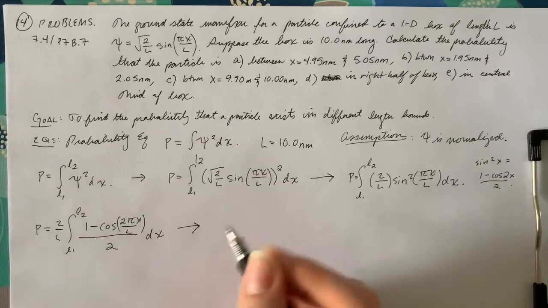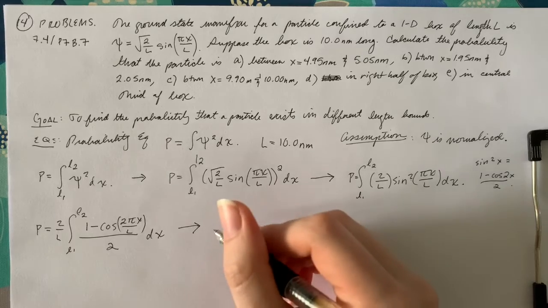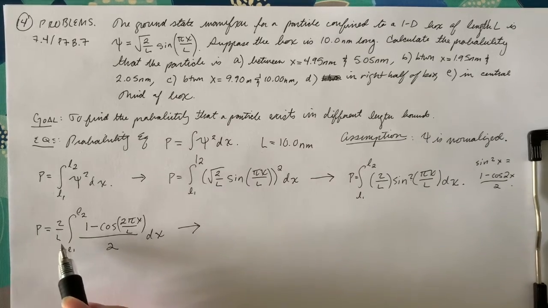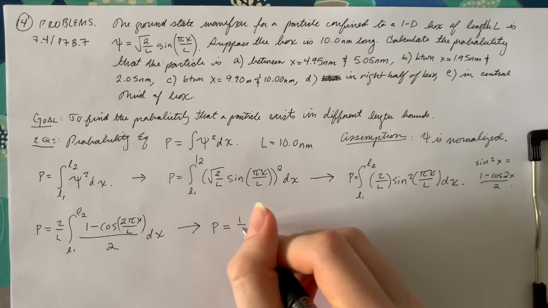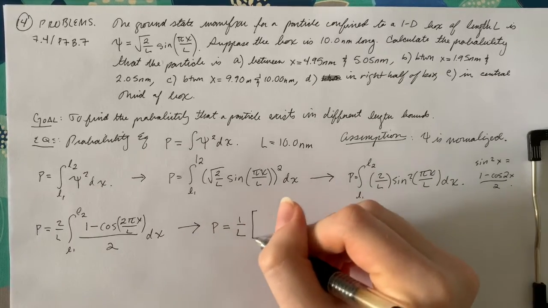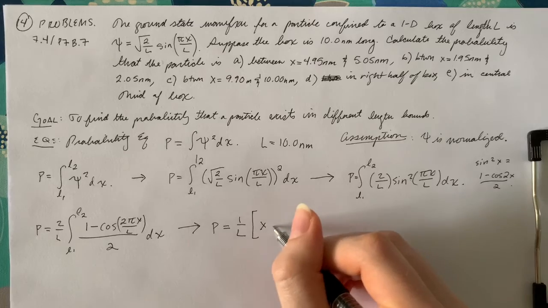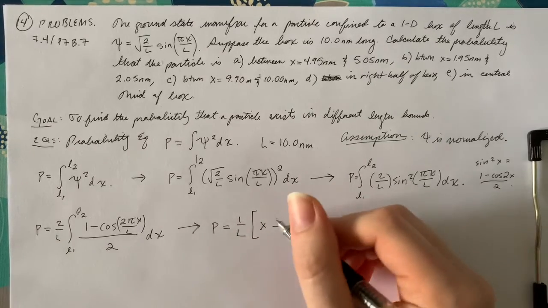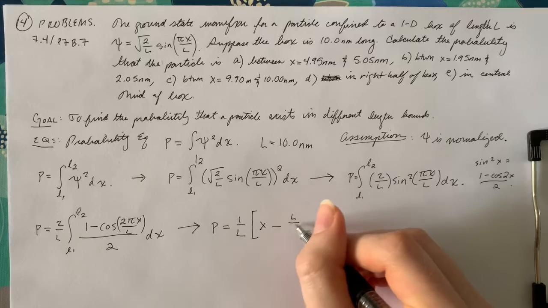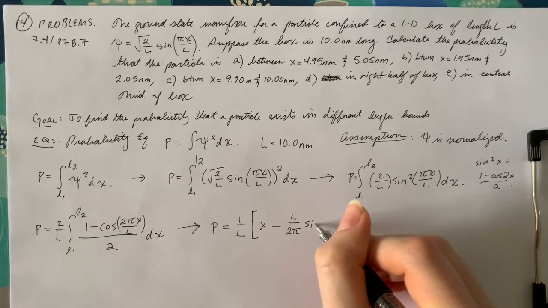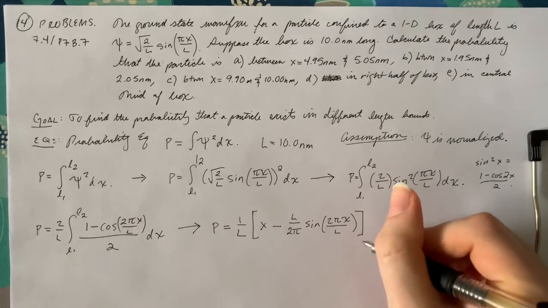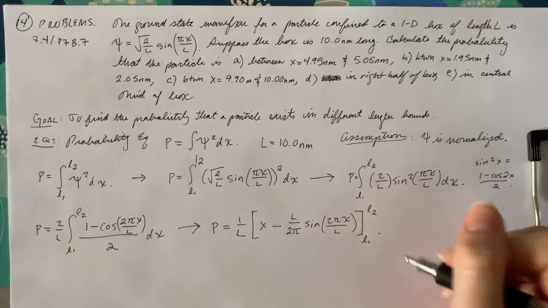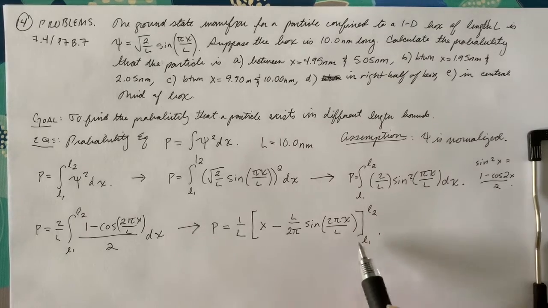So integrating this, we can pull the 1/2 out, so the 2 cancels, and we wind up with just 1 over L. So we get P equals 1 over L. Integral of 1 is just x, minus, then the integral of cosine of 2 pi x over L is L over 2 pi sine 2 pi x over L from L1 to L2.